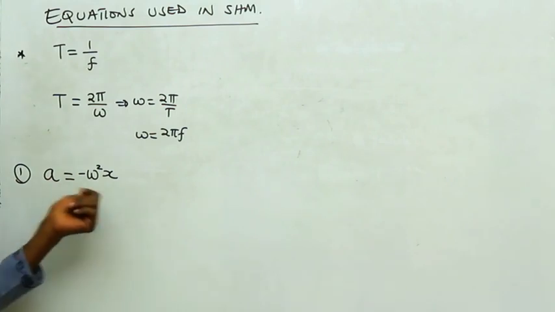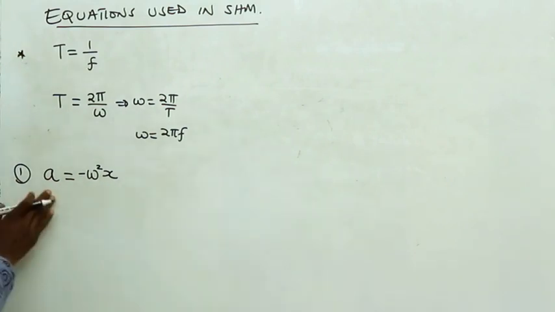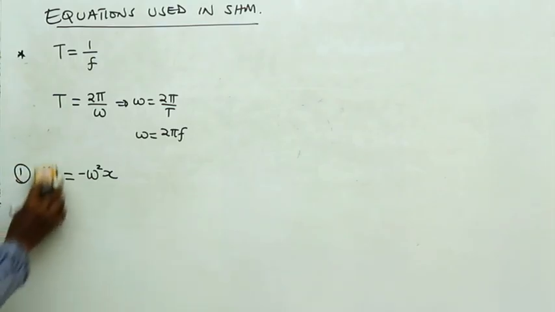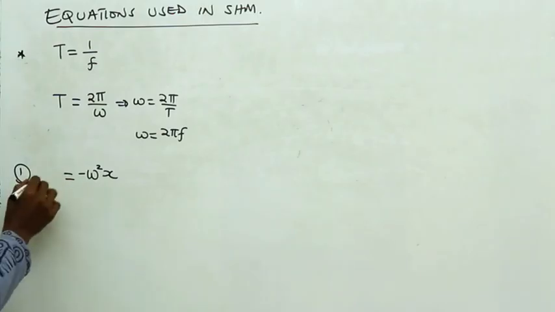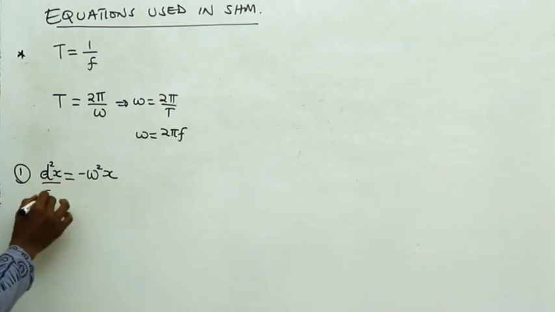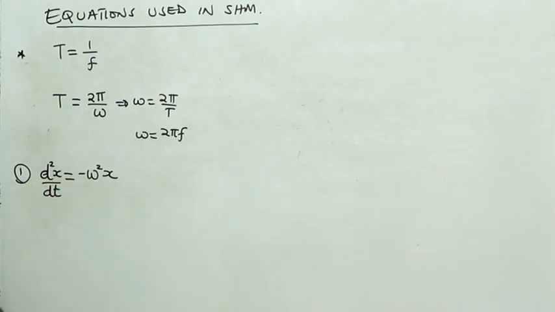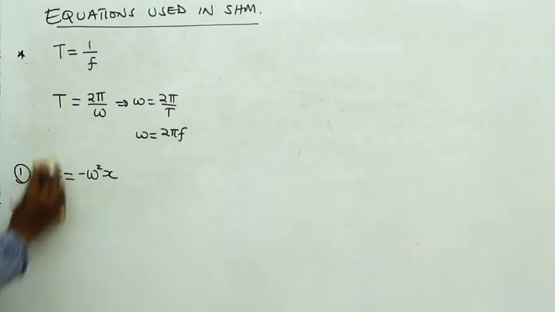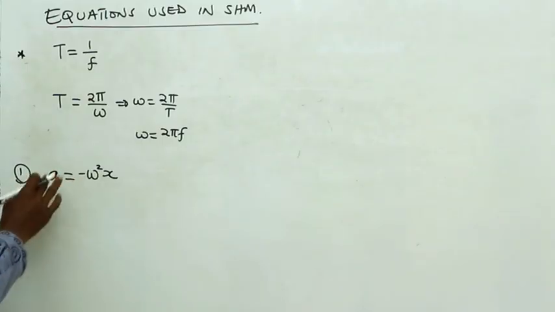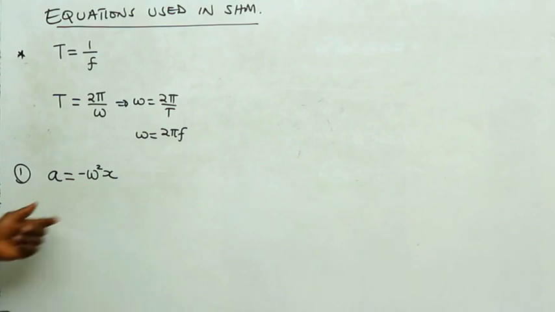Some books don't write a, they write x with two dots, meaning second derivative. Others use simple notations, second derivative with respect to time. But what we're going to do is to quote it as a, acceleration, is equal to negative omega squared x.